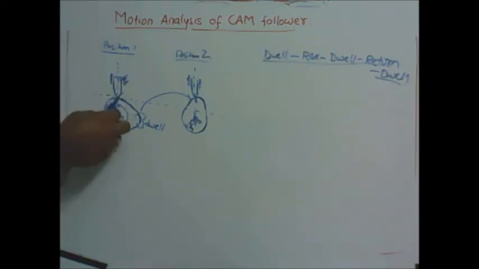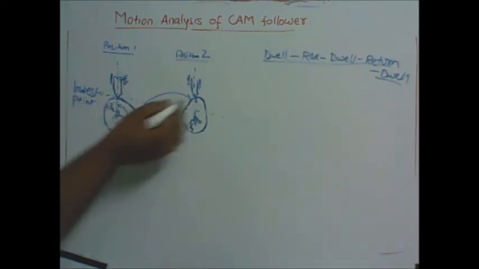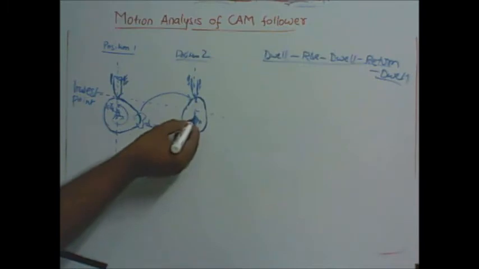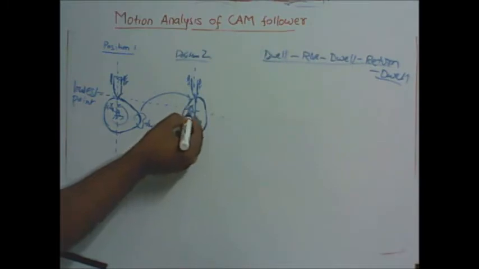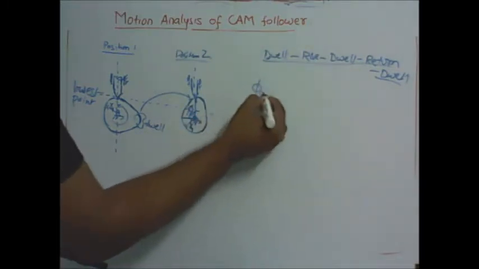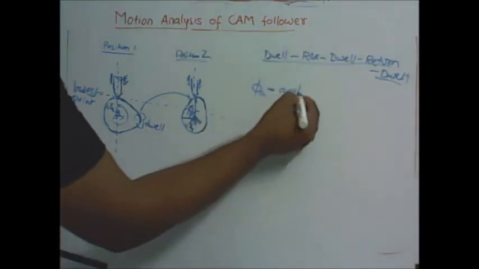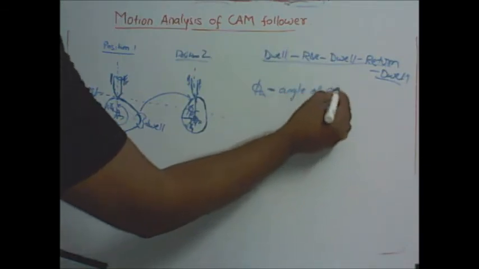If this is the start of rising, that means it is at the lowest point of the follower. Now as it rotates up to this point, it will rise. This is the circular part. This angle can be phi A, which is the angle of ascent.